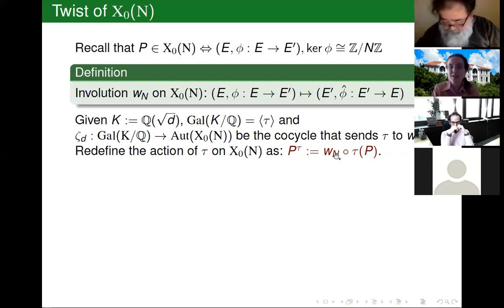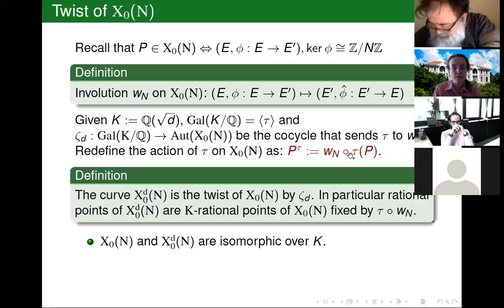It becomes, so when I show this new action as a power, the definition now becomes W_n composed with tau. Okay? And now the twist corresponding to this cocycle will be denoted by X_0^d(n). And the rational points of this twisted curve are K-rational points of the classical curve that are fixed by this composition, W_n composed with tau. It doesn't matter which order you pick.